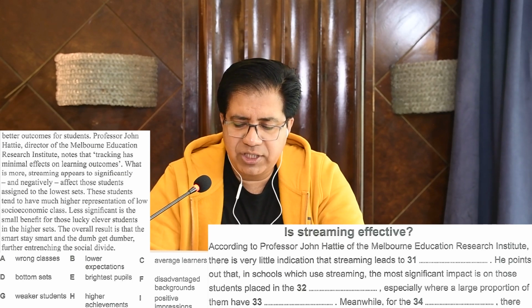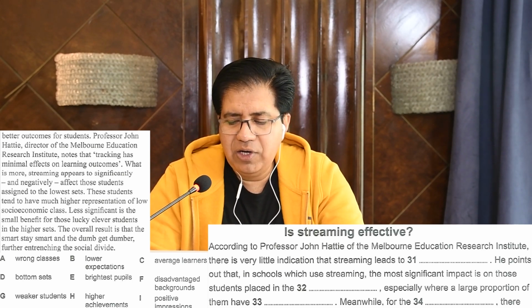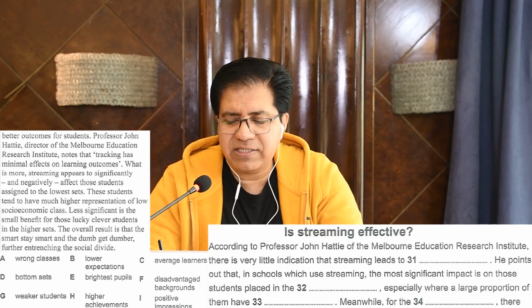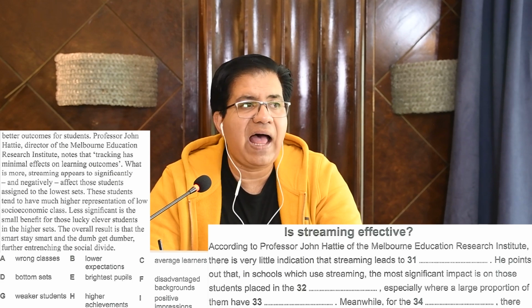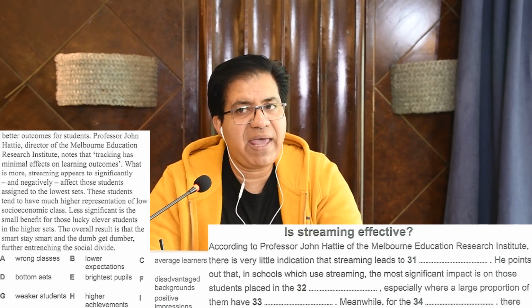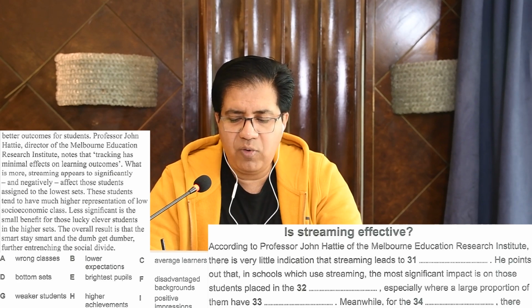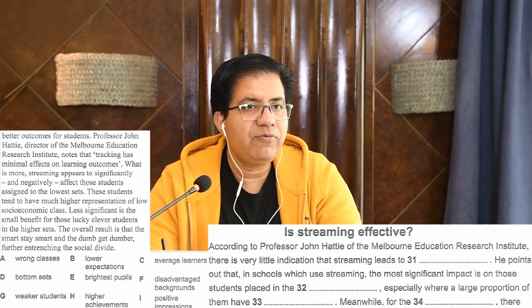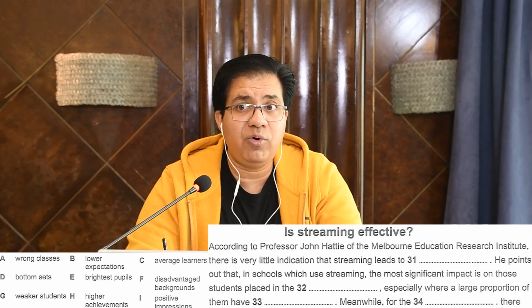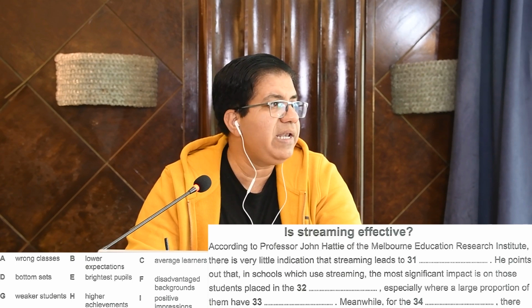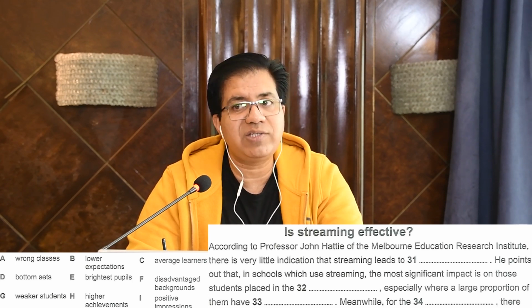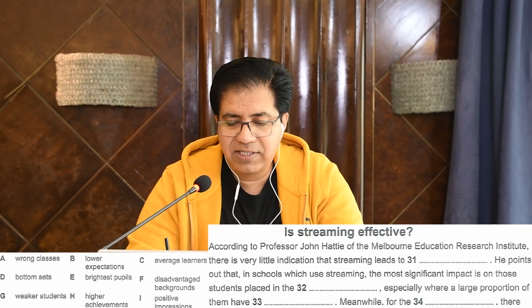That is option F. Low socio-economic class means disadvantaged background. So F is the right answer for question number 33. You need to know these synonyms and you can only learn them by practicing IELTS reading tests, right?